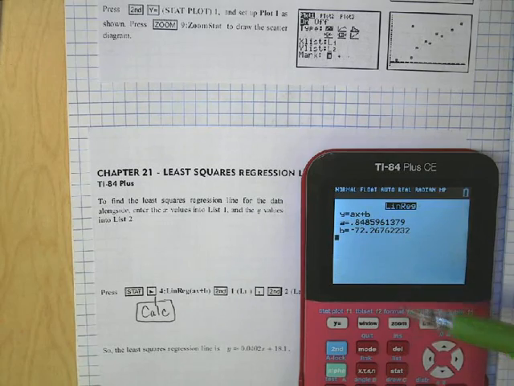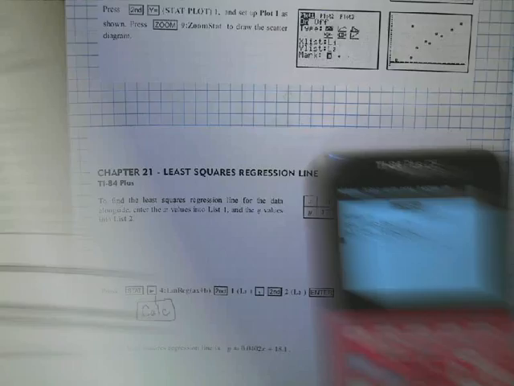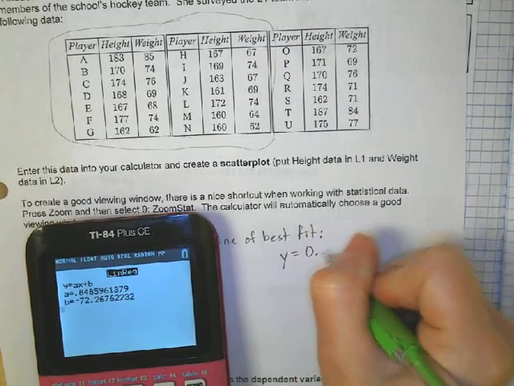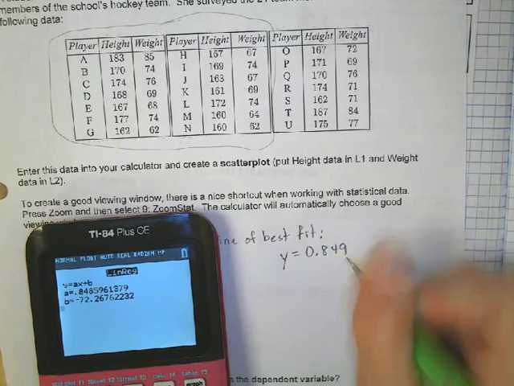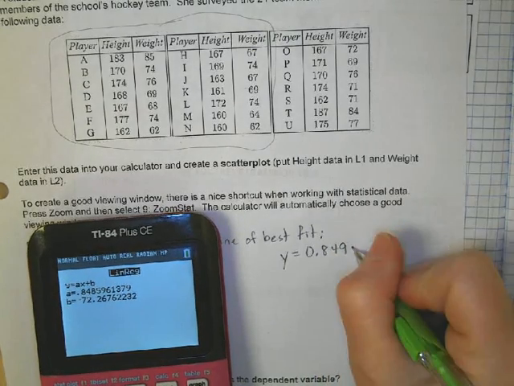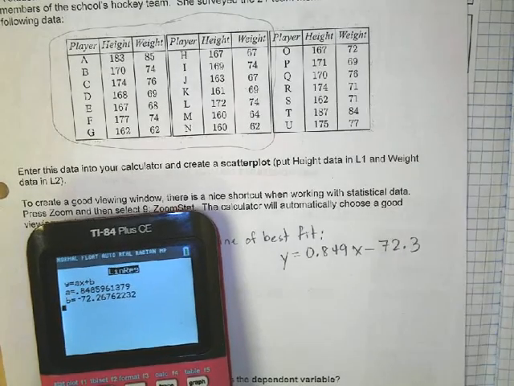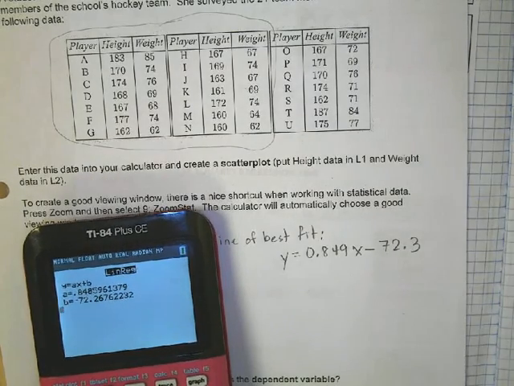Okay, so for mine, not yours, my line of best fit would be y equals 0.849x minus 72.3, because I'm using 3 significant figures. Now I'm going to actually see if that really does match my data.